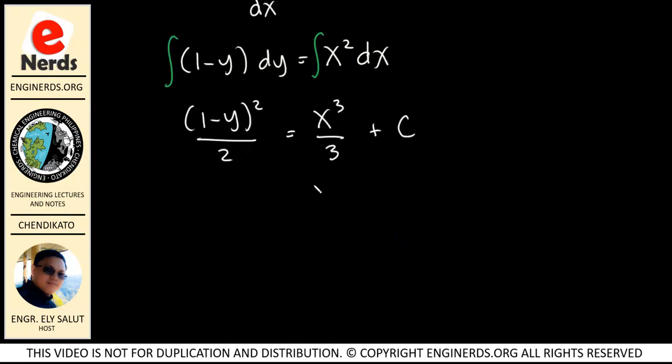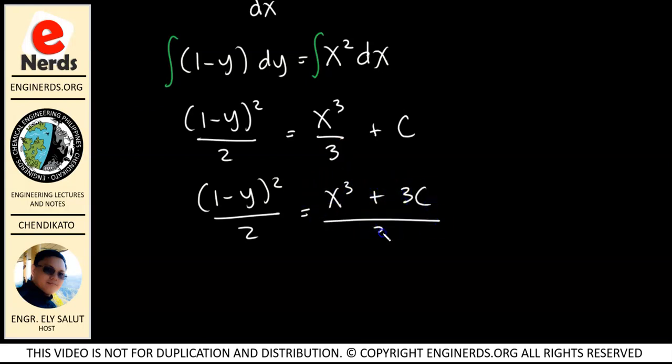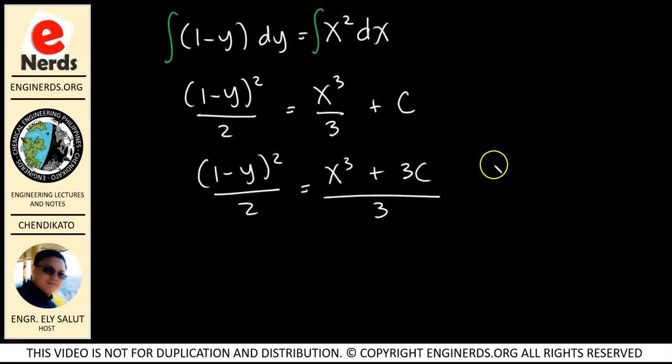plus c. Alright, so I'm going to simplify our equation here, ano, by changing itong ating nasa right side ng equation. So I will have 1 minus y squared over 2 is equal to x cubed plus 3c over 3. So sinimplify lang natin itong ating fraction sa right side ng equation. But our c is an arbitrary constant anyway.